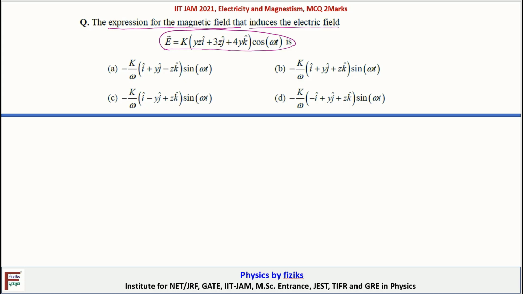So we can use the third Maxwell's equation, that is del cross E is minus del B by del t. So let's use this equation to get the magnetic field. Let us first find the curl of E.